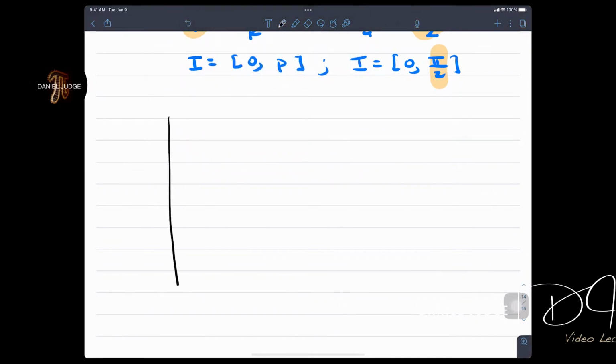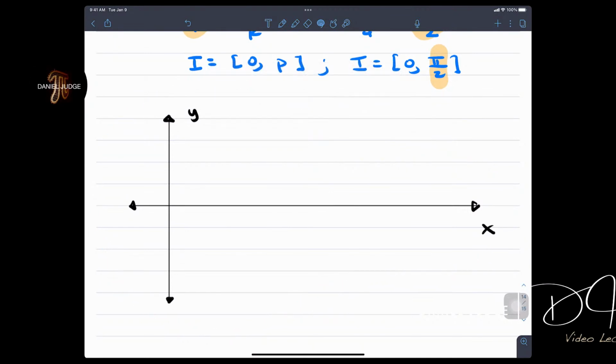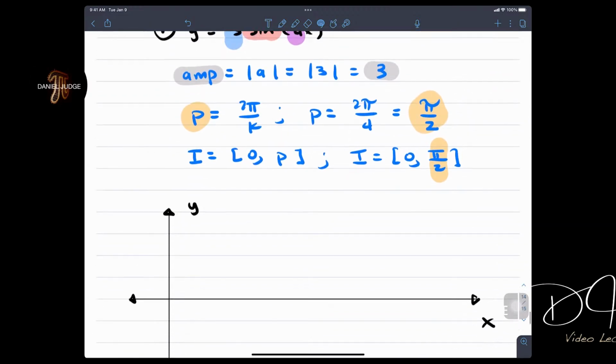We're going to try to sketch here, something like this. You've got your x-axis, you've got your y-axis. And I'm going to copy this now.